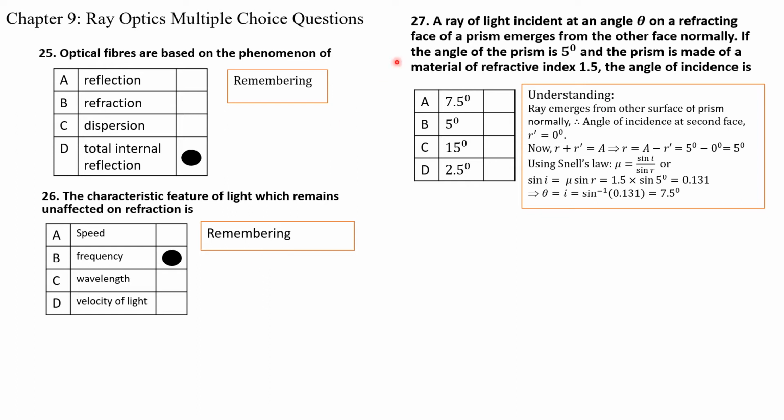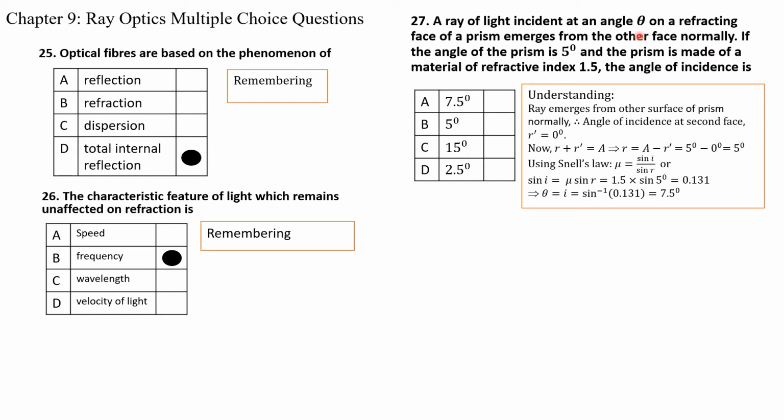Next question. A ray of light incident at an angle theta on a refracting face of a prism emerges from the other face normally. If the angle of prism is 5 degrees and the prism is made of a material of refractive index 1.5, the angle of incidence is.